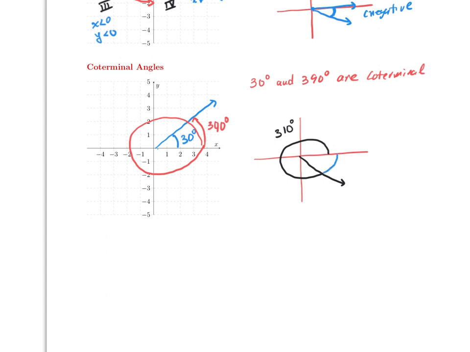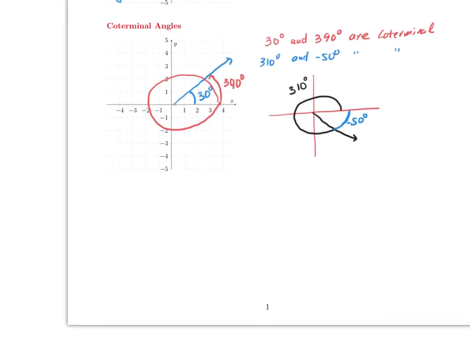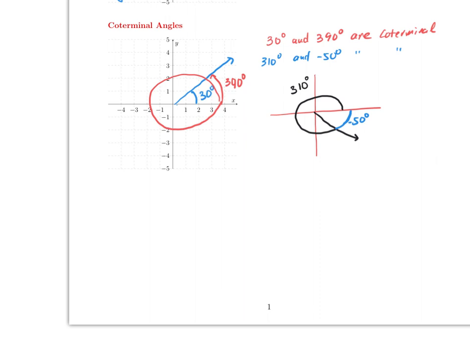Now from here to here, this is 50 degrees, but since this is going in the opposite direction, this is minus 50. So therefore, 310 and minus 50 degrees are also coterminal angles. Okay, so that's going to be very useful, and it's a little annoying because the names of the angles are not unique.